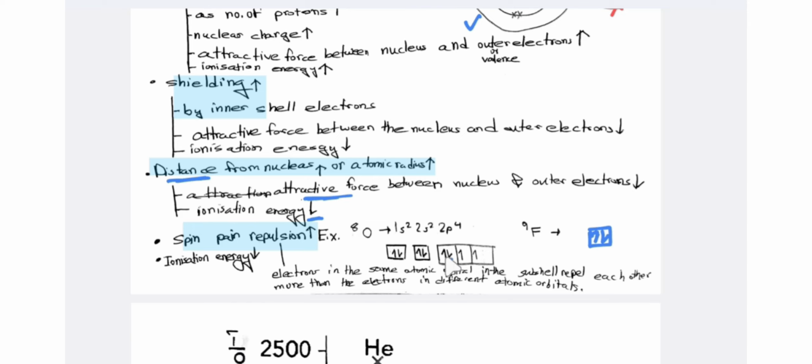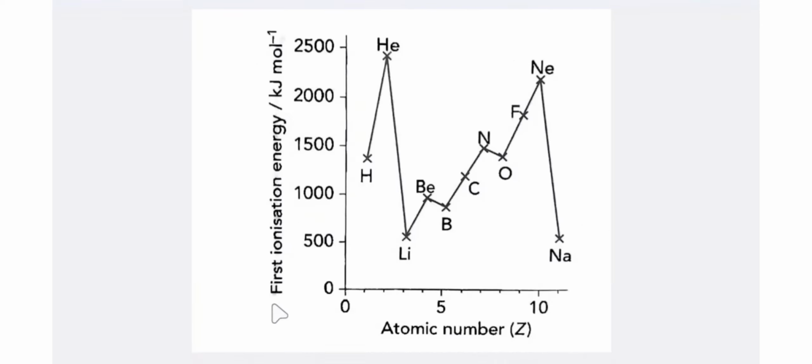Electrons in the same atomic orbital in the subshell repel each other more than electrons in different atomic orbitals. Due to this spin pair repulsion, electrons can be easily removed, so the energy needed to remove the electron decreases.